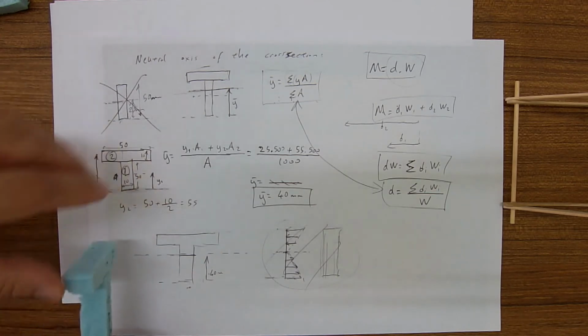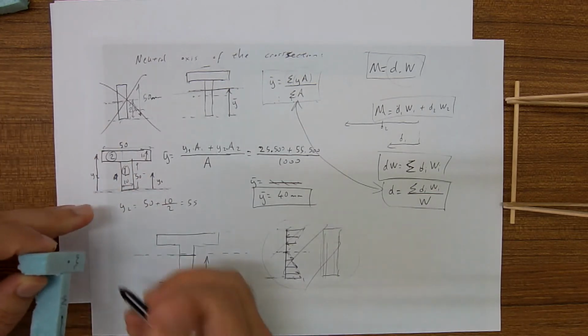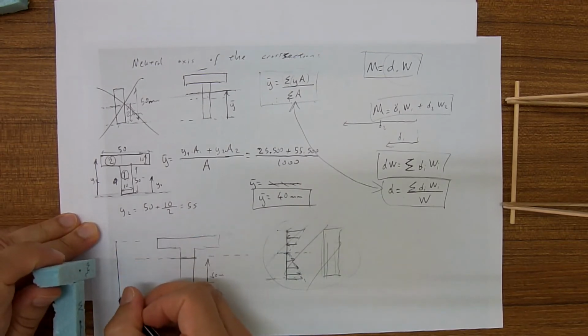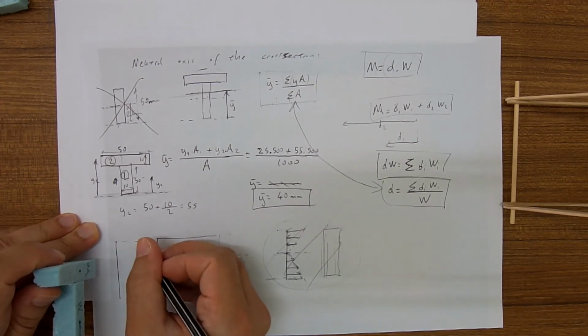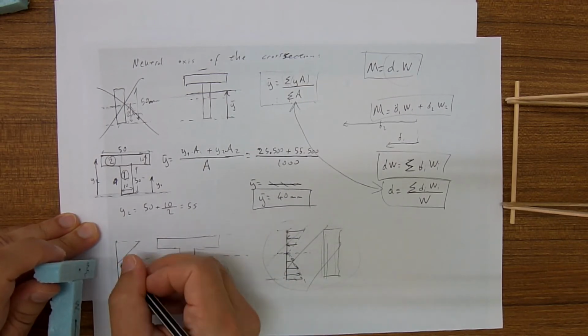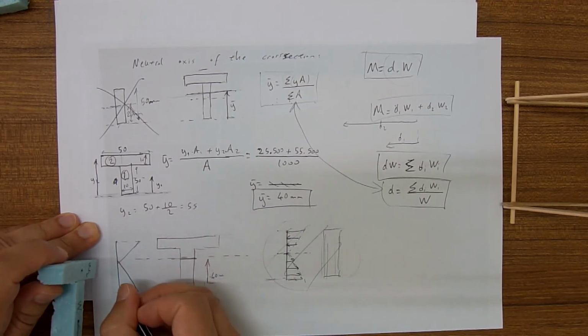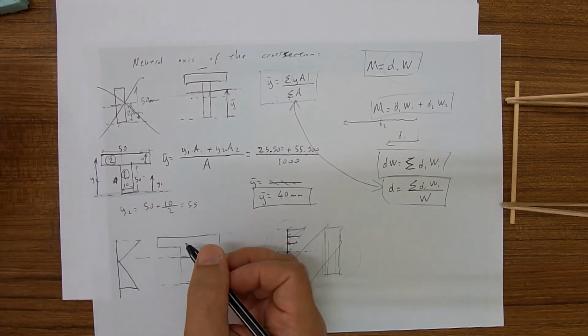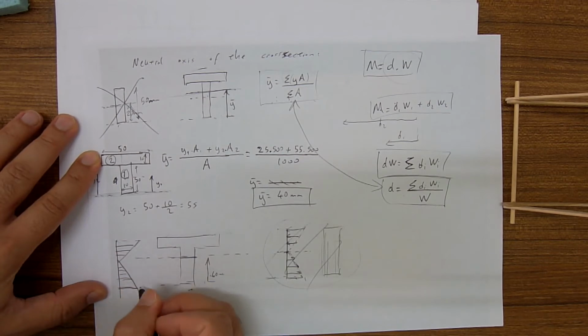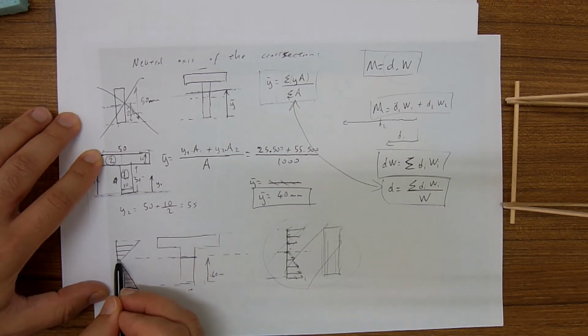If we rotate it like this, if you look from this side and draw it, the stress distribution will be something like this. This is where the normal stress is 0.